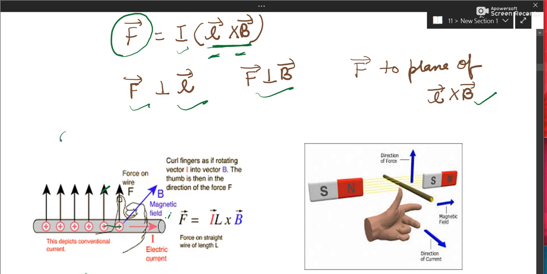The right hand thumb rule can always be used whenever you can see a cross product. Okay, if the curls of the fingers are pointing in the direction of A to B, for example, this is A and this is B, then the thumb will give you the direction of force. Otherwise, there is an exclusive rule for determination of magnetic force, which is called Fleming's left hand rule.